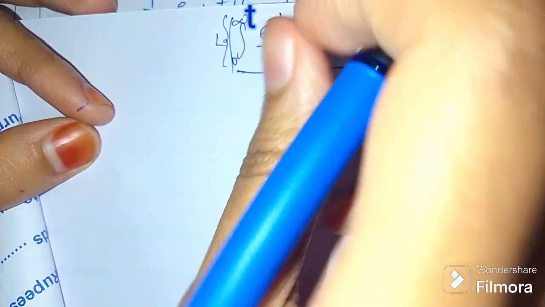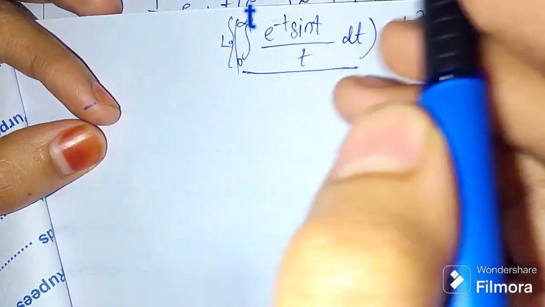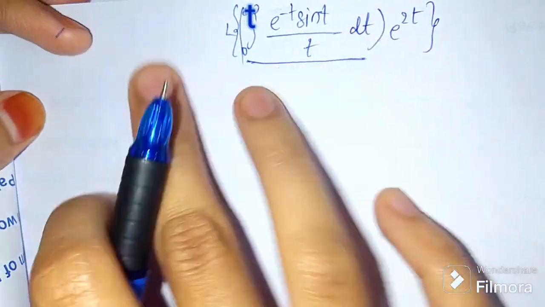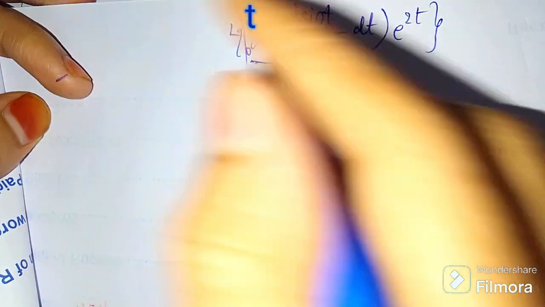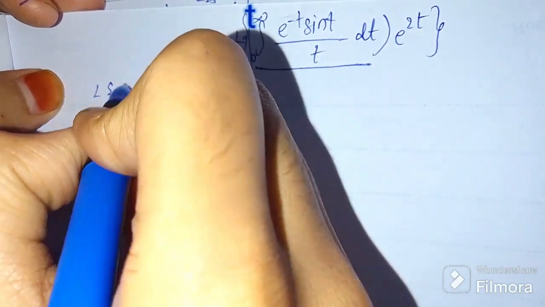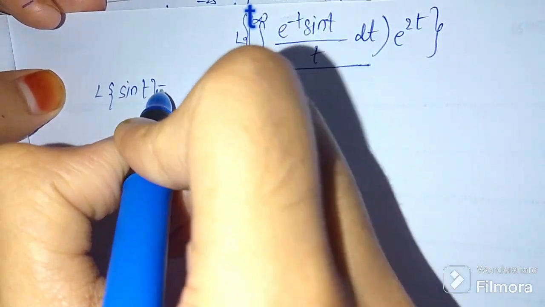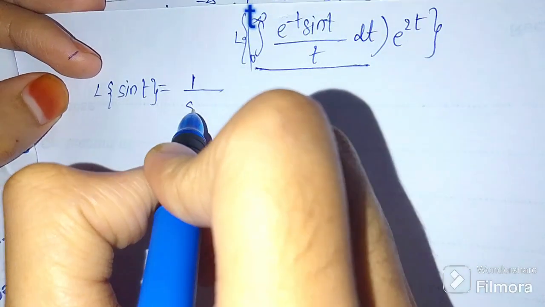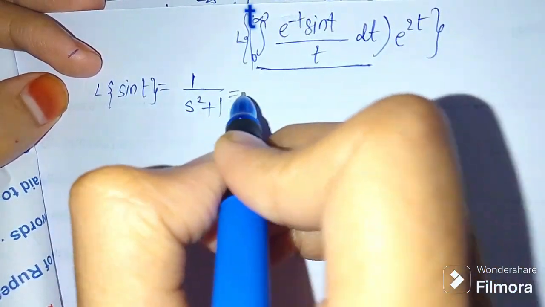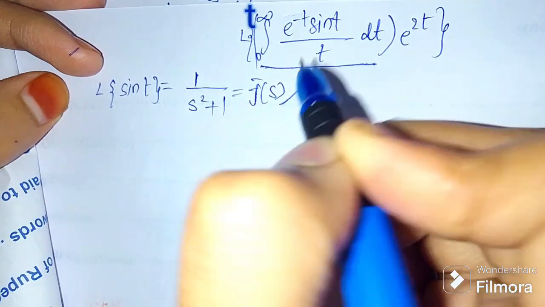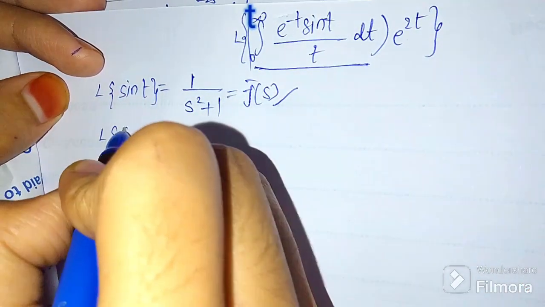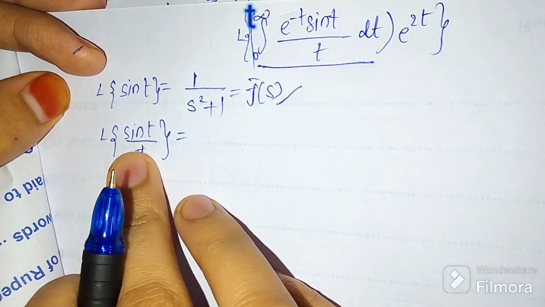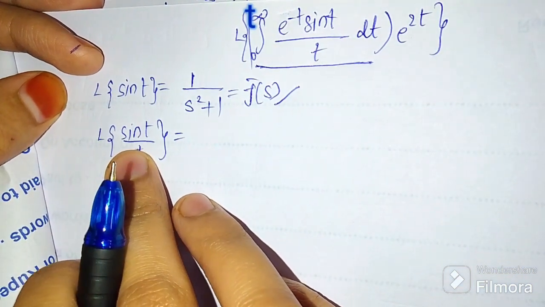Okay. So first, to find this, we need to know sin t by t, right? See, this is a very good question. You can expect this in your exam. Stepwise we'll solve. First, what is Laplace of sin t? 1 by s square plus 1. Now what is Laplace of sin t by t? Which property? Divide by t property.